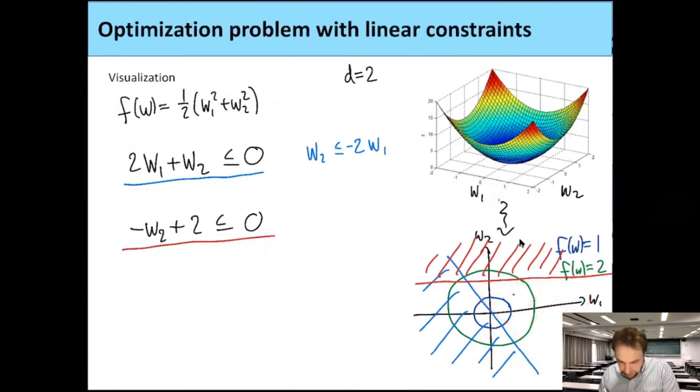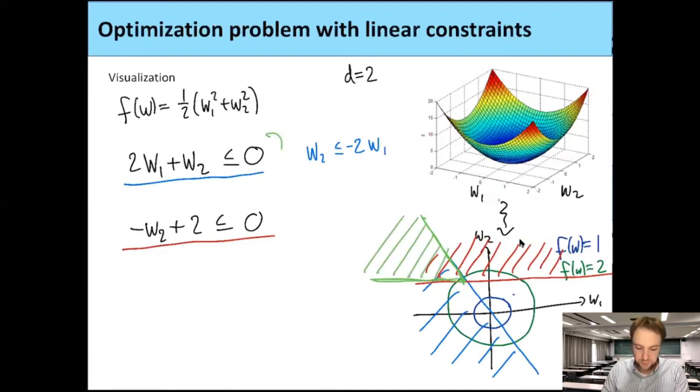So therefore, we need to find the point which is in these two areas. So the only area where we can look for a solution is this part here, because this part satisfies both constraints. And the part in this area with the smallest value of f is exactly this point here.